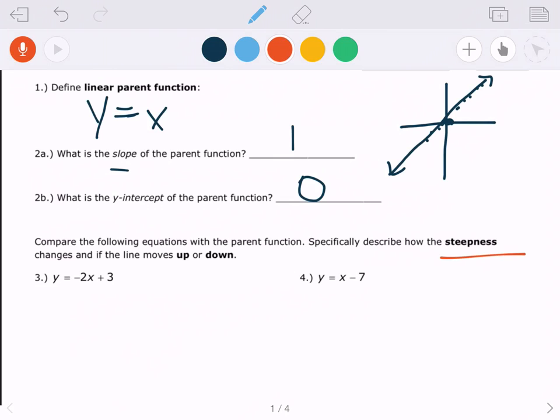The steepness is going to depend on the slope. For example, a line with a slope of 6, let's say y equals 6x, is going to be much steeper than our parent function, because if we have a slope of 6, when we're graphing points, we're going to go up 6 points and then over just 1. So we're going to have a very steep line.